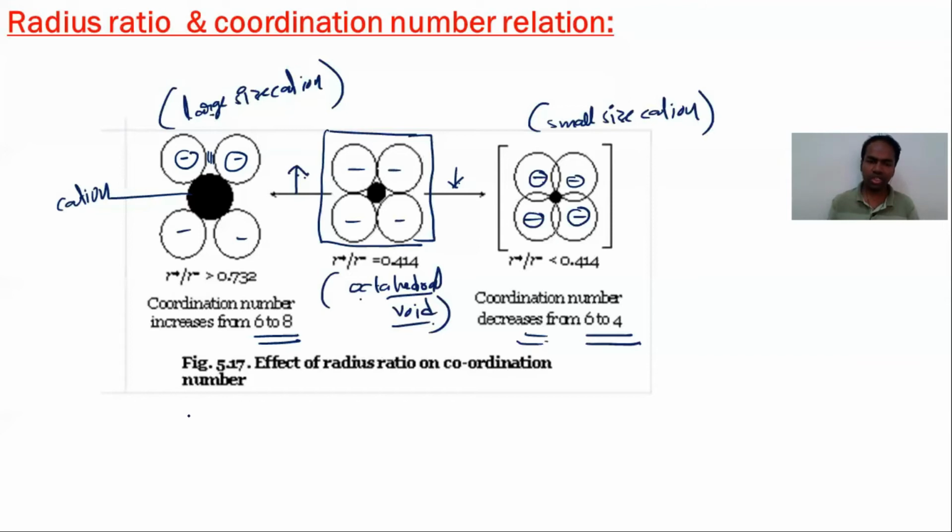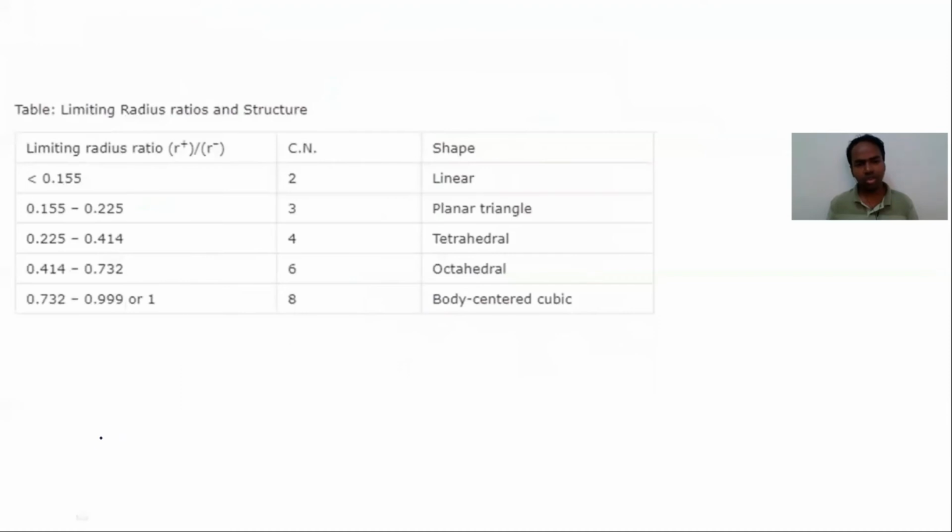By using this radius ratio, we can predict the type of arrangement, because stability and coordination number both depend on the radius ratio. Let us see how we can predict the geometry or shape from the radius ratio. This table can help us with the prediction of shape or geometry. This is the limiting radius ratio. Here CN stands for coordination number.